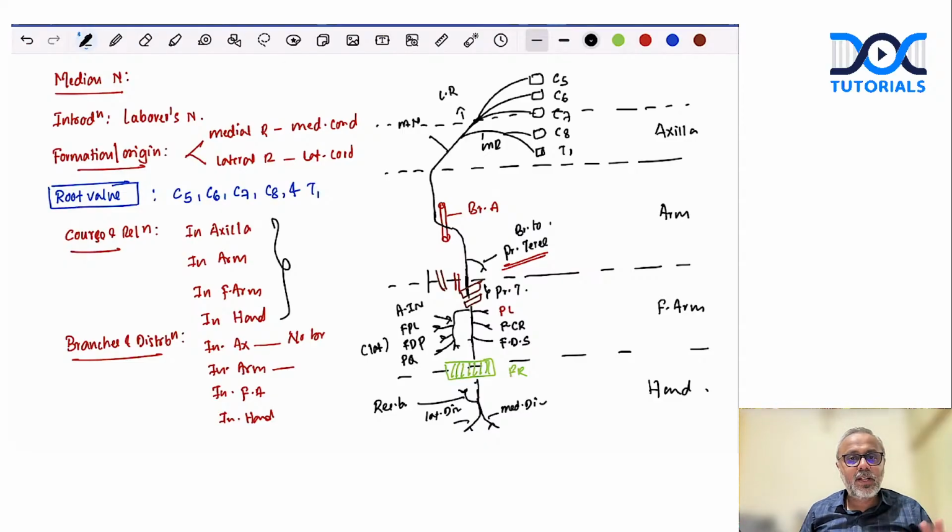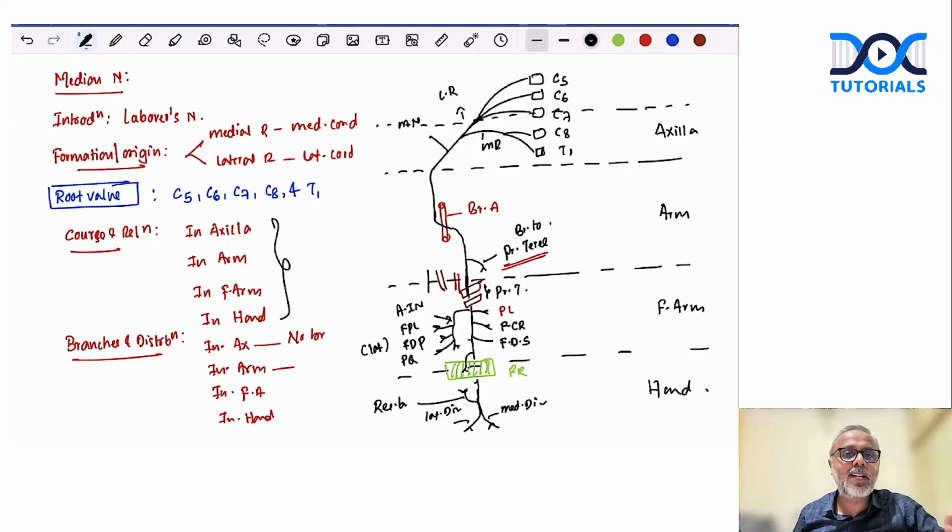Done? No cutaneous branches. Then once it comes to the flexor retinaculum, here it gives off a palmar cutaneous branch, which passes superficial to the flexor retinaculum. It's a cutaneous nerve. The trunk passes deep to what? The flexor retinaculum, lying within the carpal tunnel.